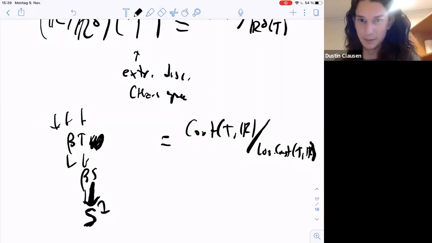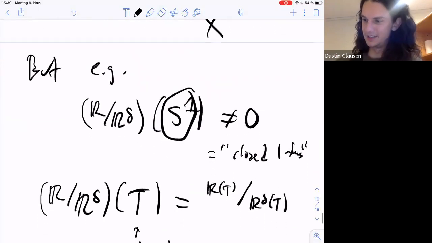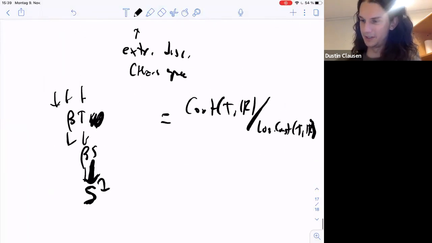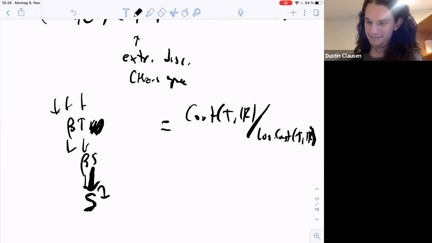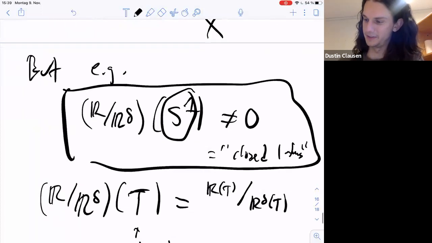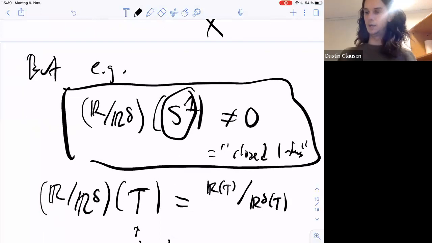But Peter is going to present some tricks that we've discovered in the next lecture that actually help you get a handle on this kind of thing, and for example completely describe what this thing does on S1, even though a priori to figure it out, you have to look at some crazy resolution like this, which doesn't have any geometric meaning. In the end, you still get a geometric result, so-called closed one forms.